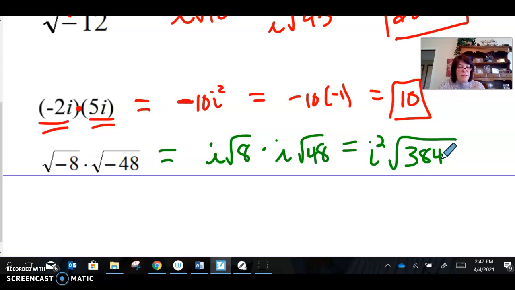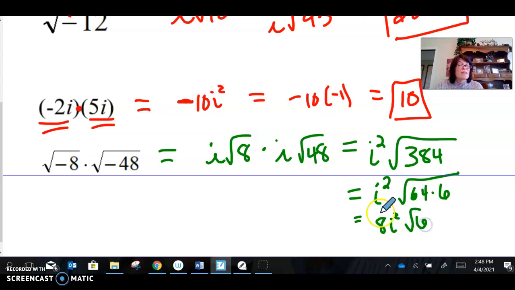So I'm going to take 384 and divide it by some perfect squares. Does 384 divide by 4? Yes, 16. You find the biggest perfect square that you can. You just play with your calculator. I have i squared. 384 is 64 times 6. I can take the square root of 64. It's 8. So I have 8 i squared square root of 6.